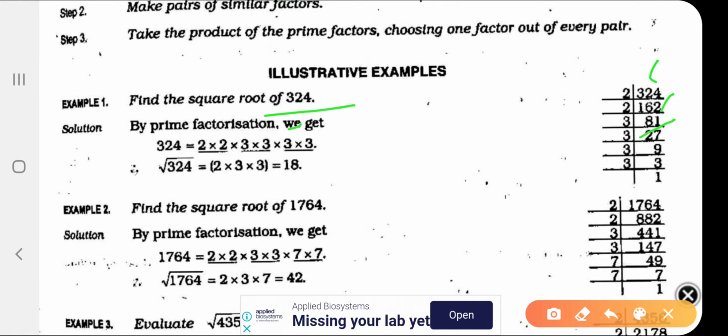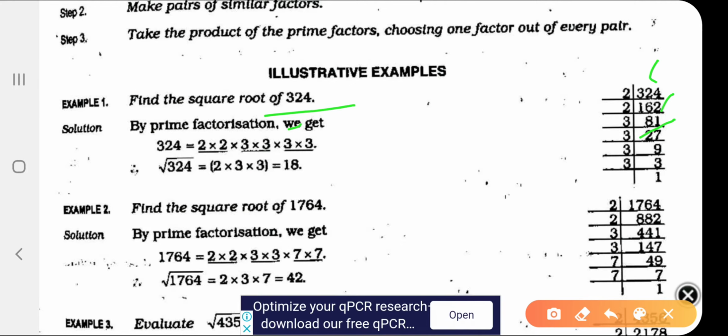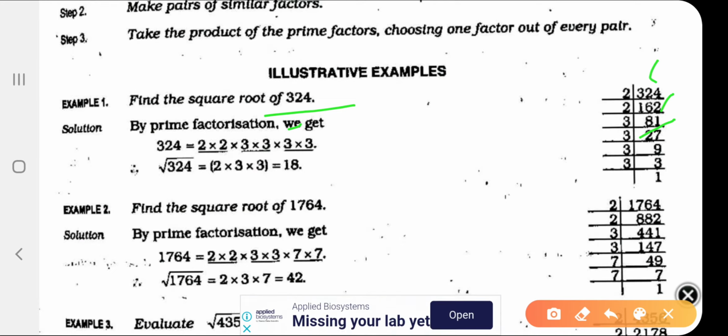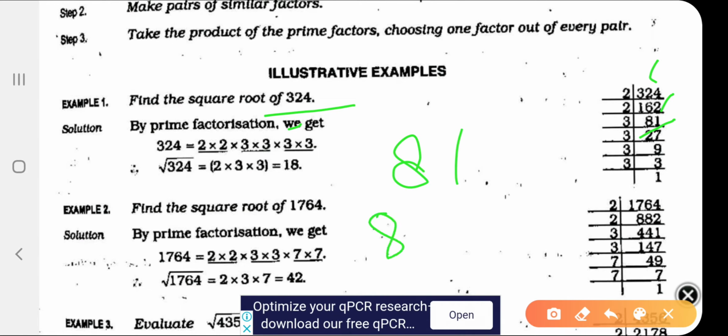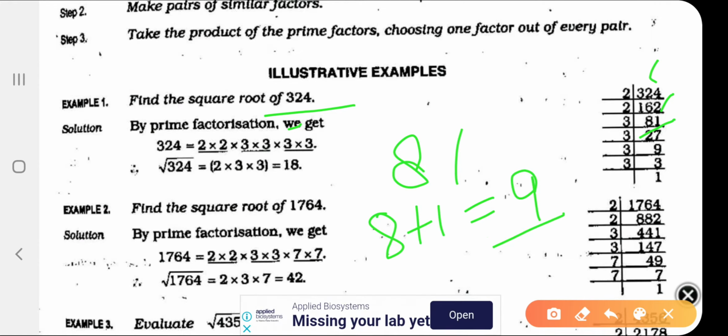Now 81, you must be familiar with the divisibility rule of 3, which says that when the sum of digits of a number is divisible by 3, then the number is divisible by 3. When the digits of 81 are added, the sum is 9, which is divisible by 3.